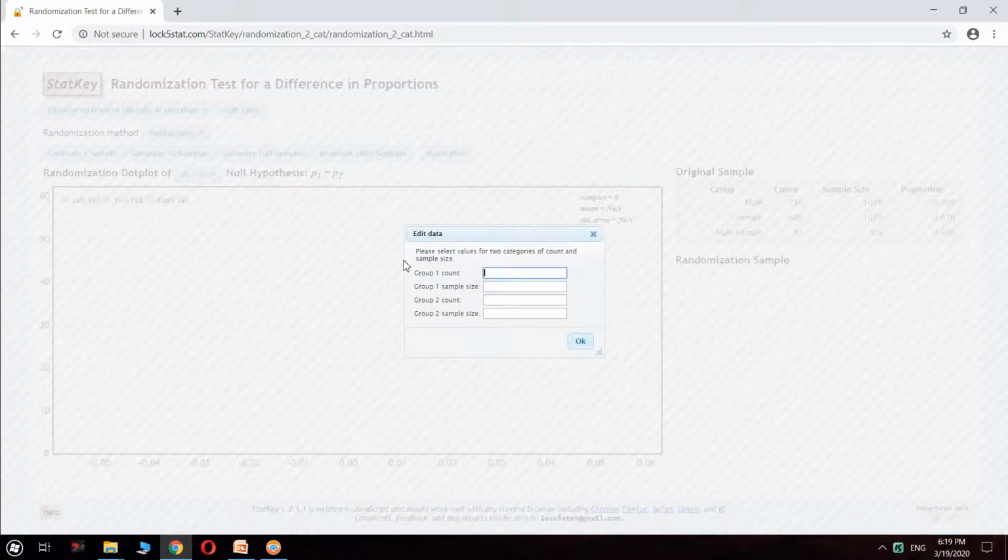For my data, group 1 was the number of women who got cancer after taking the hormone therapy, and those were 166 out of 8,506. And group 2 were the women who got breast cancer after taking the placebo. So there was no hormone given to them, and those were out of 8,102.